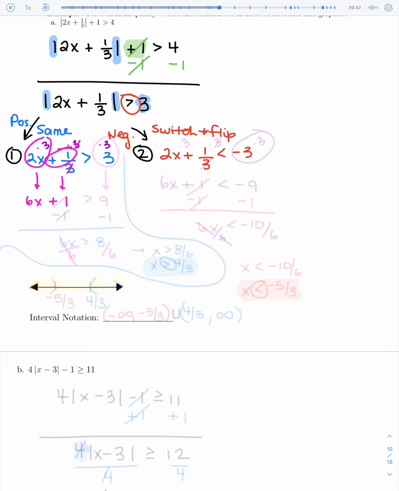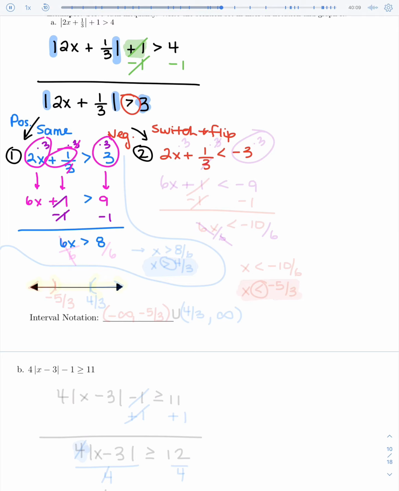The inequality won't change. That's still a greater than. However, don't forget that you multiplied the other side by 3 as well, which will get you a 9. Now, continuing along, we would just solve this like a regular inequality by subtracting 1 from both sides, which will get us 6x is now greater than 8.